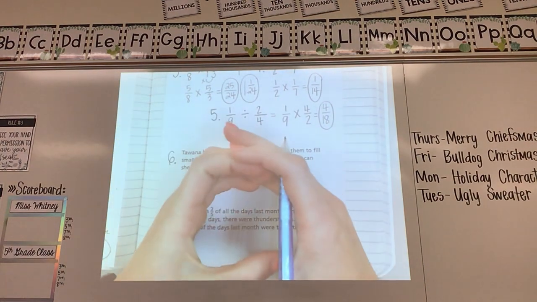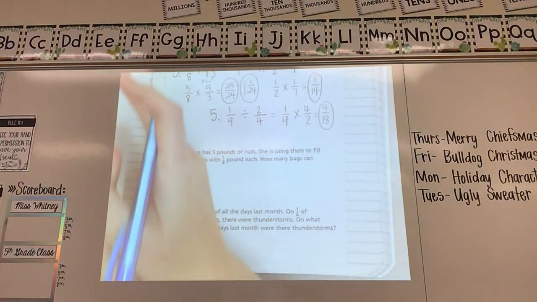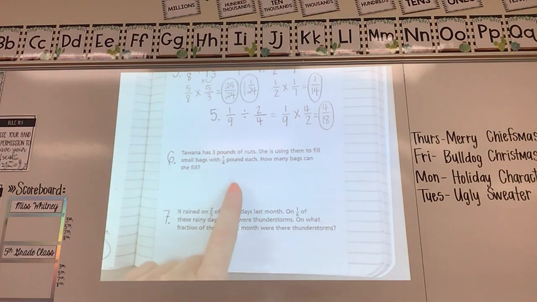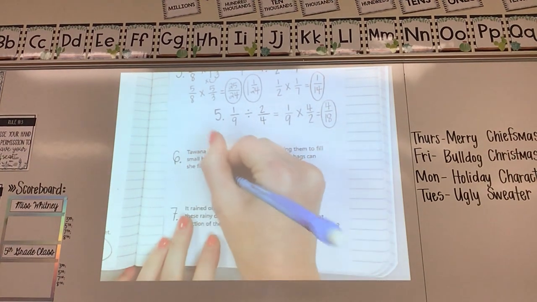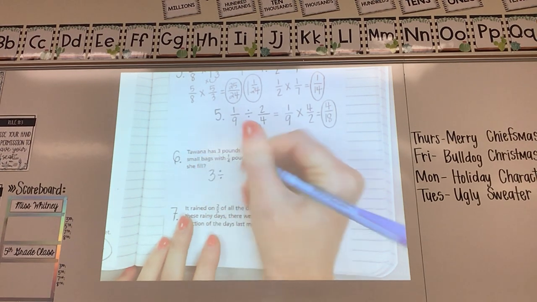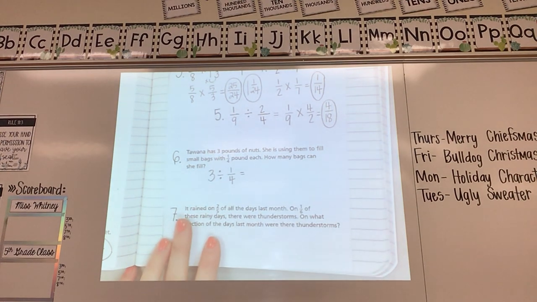She's taking those nuts and she's dividing them into different small bags, right? So we need to divide. Make sure that we keep our numbers in the right order. So the first number we had was 3, and we said we're dividing that by my second number, which was 1/4.